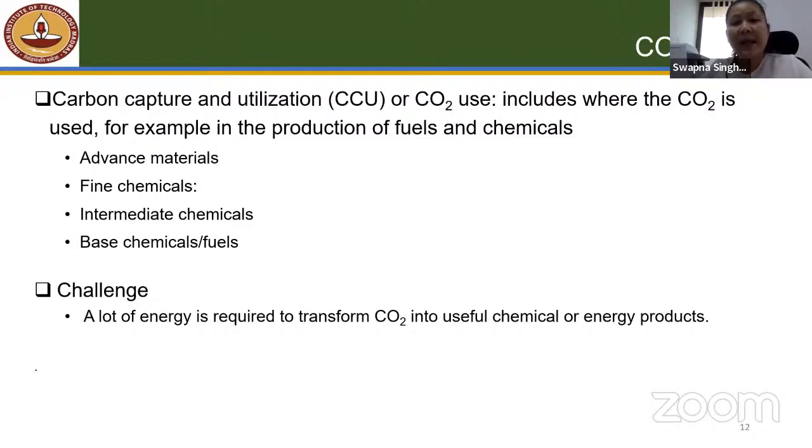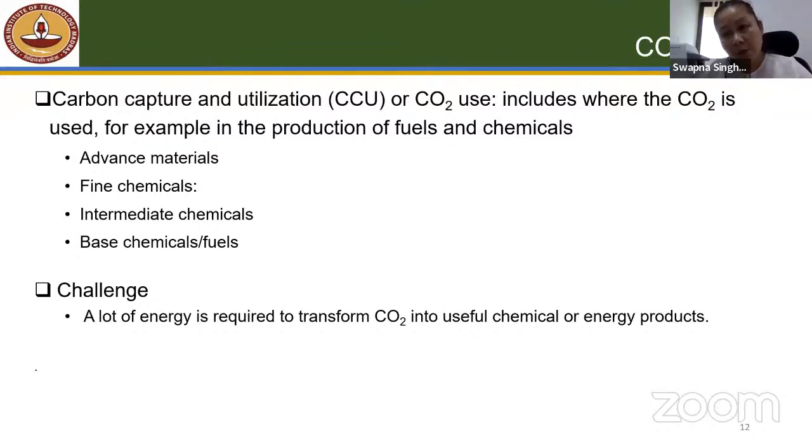However, the challenge is that a lot of energy is required to convert CO2 into useful chemicals. And where does this energy come from? Again, it comes from CO2 emitting technologies. So we have to see how much CO2 is used, and how much CO2 is again emitted.